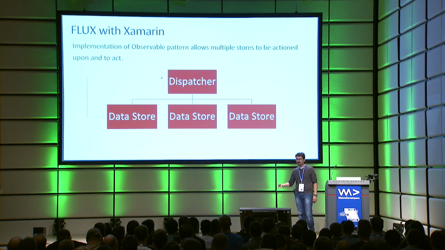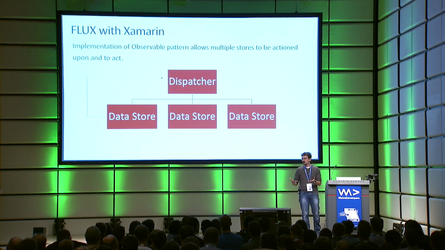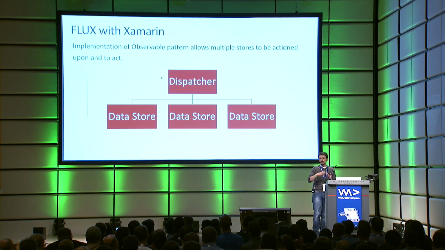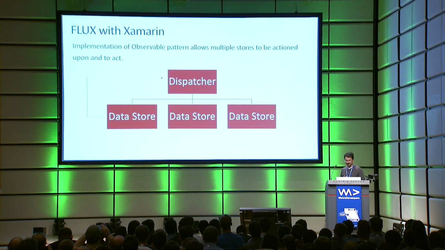Once it's successfully finished, you can throw another action to the dispatcher, which will update the local data store. And finally, at the end of this action, we can actually push it to the view model, and the view is updated, basically. So you can actually, at any point, control the flow of the data. And that is the whole beauty of Flux implementation in Xamarin, basically.